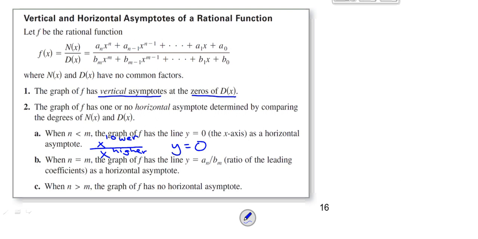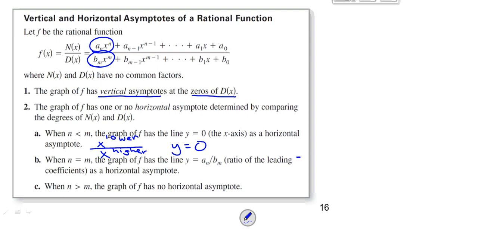And then the next one is when n equals m, then y equals a sub n over b sub m. The ratio of the leading coefficients is the horizontal asymptote. So for this one, we're looking at this piece over this piece.